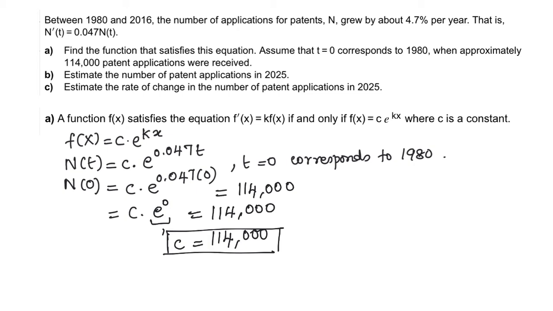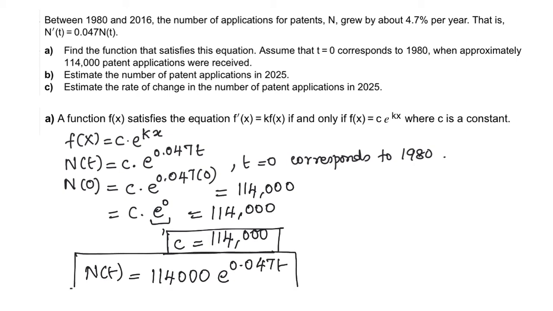So now we can rewrite the function. N(t) equals, replacing c and k in the function with the constant values, N(t) = 114,000 e^(0.047t).